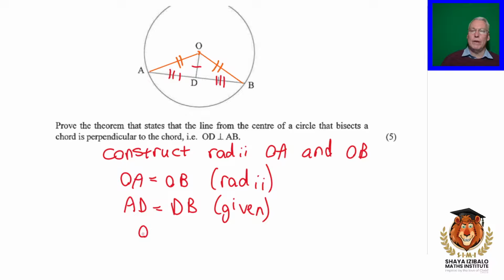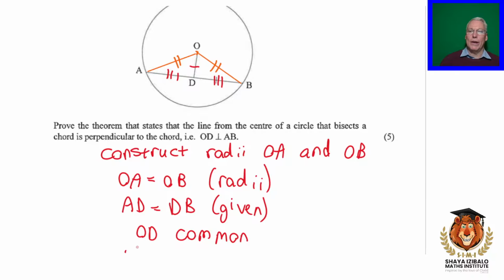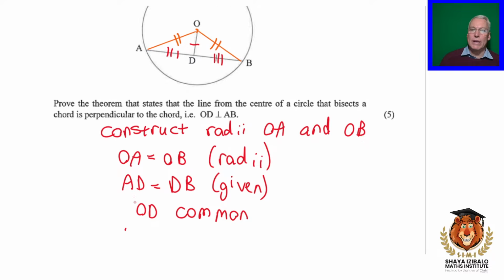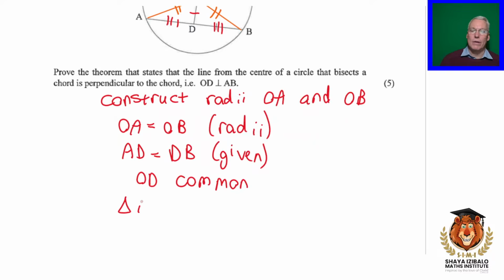We know that OD is common. So we know that triangle AOD is similar to BOD. Not similar at all, congruent. Sorry, AOD congruent to triangle BOD. And the reason is side, side, side.